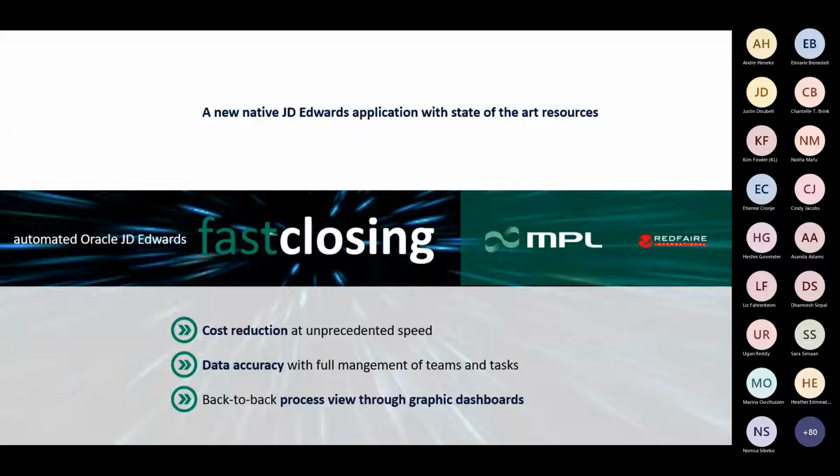So MPL Fast Closing is fully integrated to the core JDE ADEX application, and it has three main focus areas: cost reduction, freeing up resources involved in the closing process so they can focus on core activities for the business; data accuracy, ensuring completeness of information and making sure all processes are executed; and management.